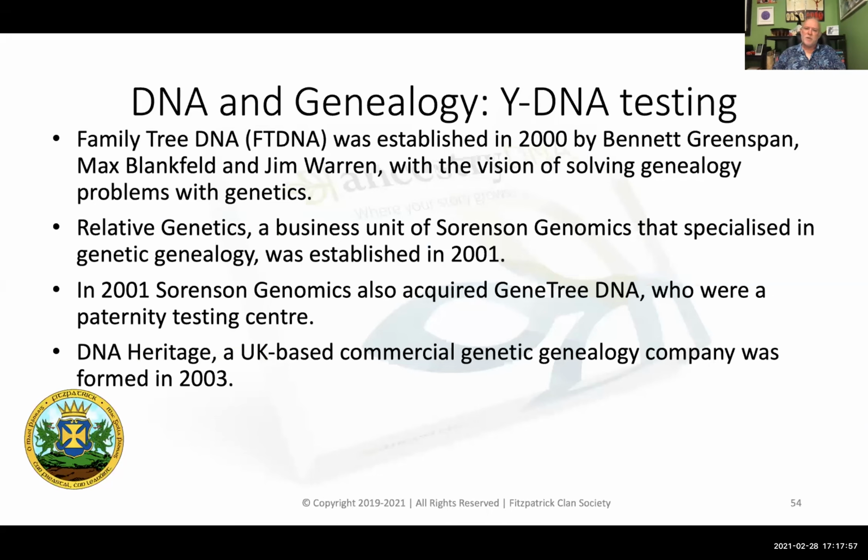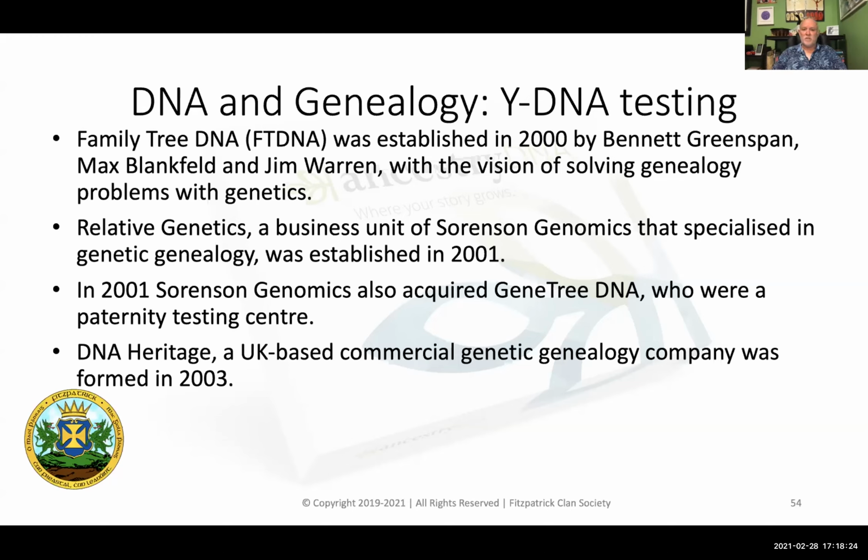Bennett Greenspan, Max Blanfield, particularly Bennett, and Jim Warren, they were part of a Jewish community that were interested in using DNA to find Jewish groups like the Cohens. And so they got very interested in DNA testing for genealogy at the same time as Sorensen. If you ever see reference to Relative Genetics, that's just the business unit that was set up by Sorensen.